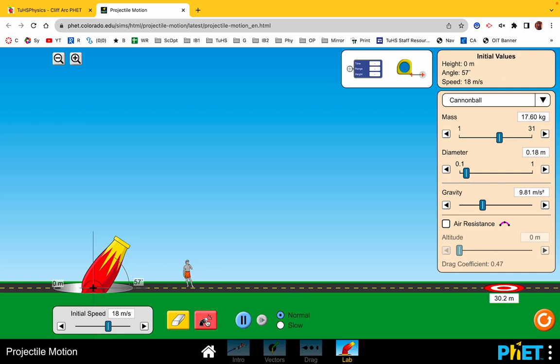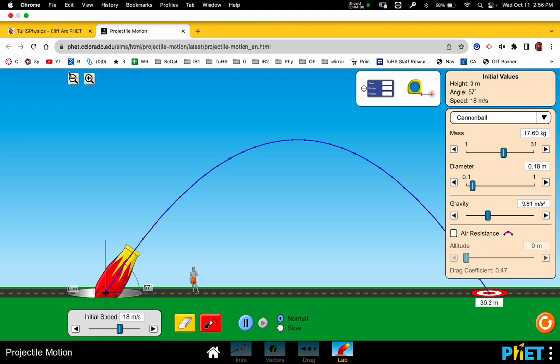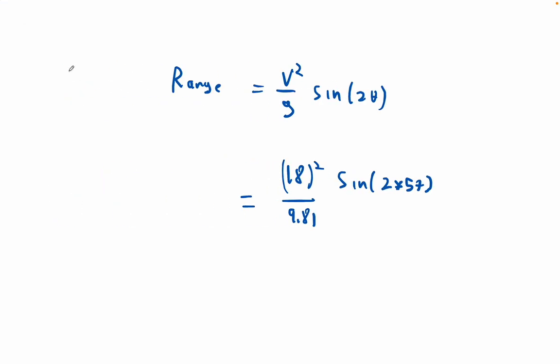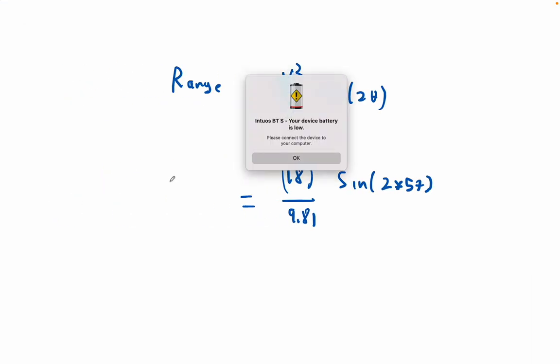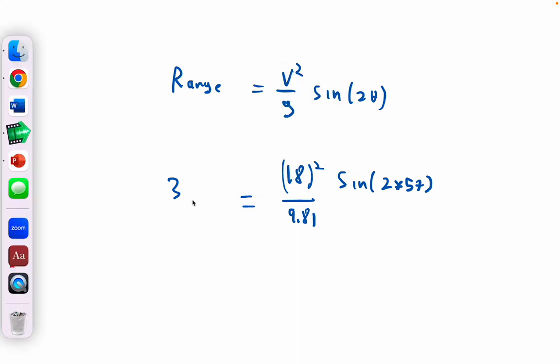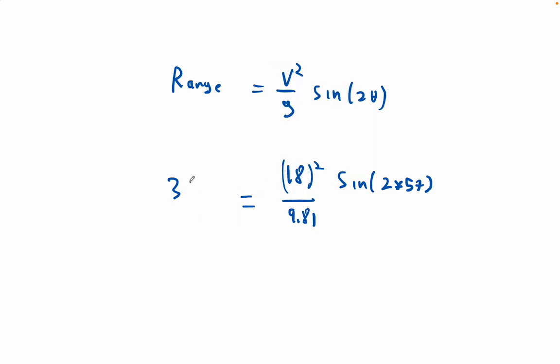Okay, and then you're going to fire the cannon. Look at that, right? And what I want to see on your paper is I want to see you typing this in, right? So that range is 30. Hey, my battery's low. Okay. So 30.2 meters is what I get for that, right?